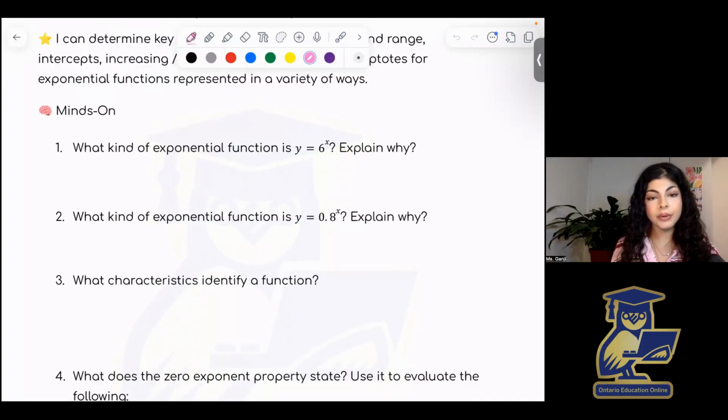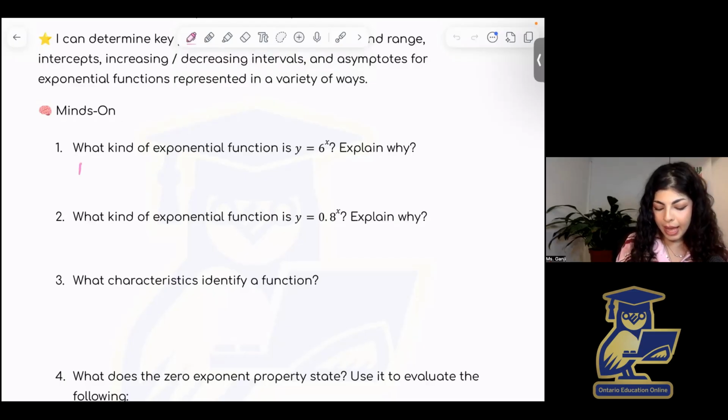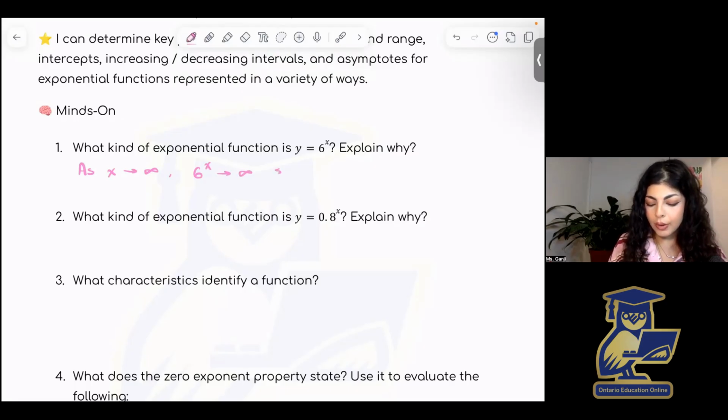So whether this is increasing or decreasing. We know that as x goes towards infinity, then 6 to the power of x is also going towards infinity, which means it's growing. So this is an exponential growth.